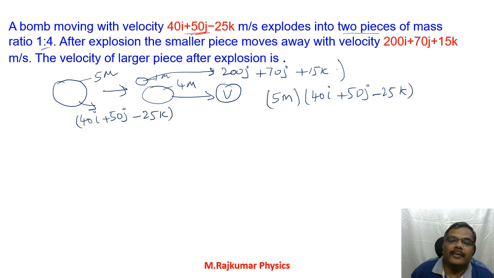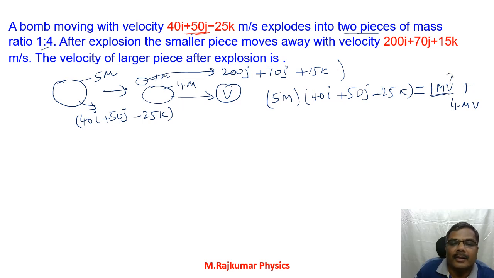And what is the momentum of the bomb after the explosion? It is exploding into two pieces, so it is 1m into v plus 4m into v. The velocity of the 1m piece is given in the problem.